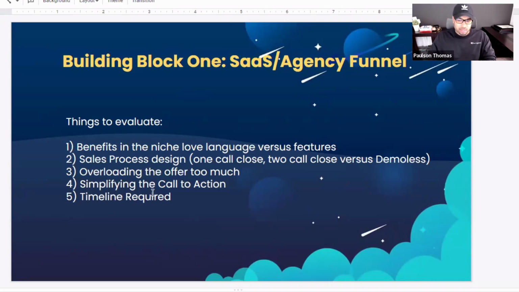But one thing I'll tell you about that agency funnel, because it's about you and your business and your brand, the way you position it, there's so many biases that you build in your mind when you're working on things like this. It's so easy to drown yourself in 2-3 weeks on that. Give yourself maybe 2 to 3 days max, maybe a day if you're fast enough.